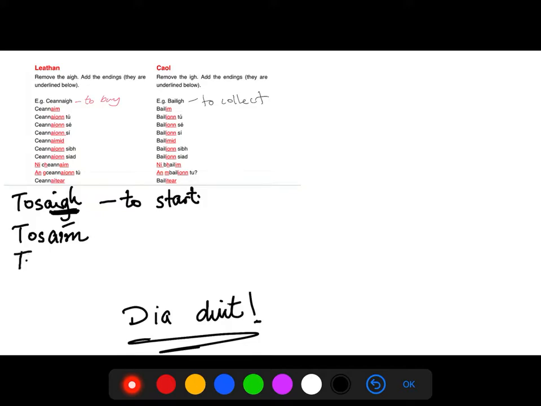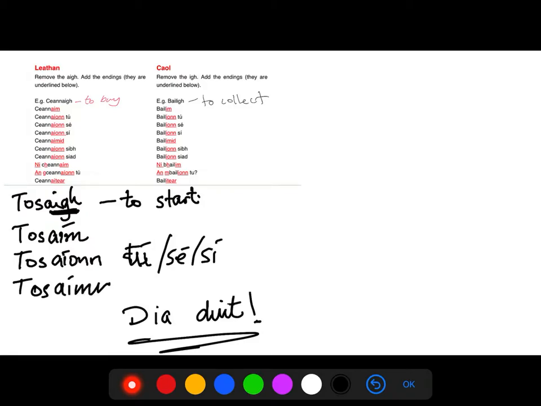And then the next one, Tosaíonn, AI for the ONN. Tosaíonn sé, sí. And then Tosaímid, AI for the MID. Okay, so that's pretty straightforward.